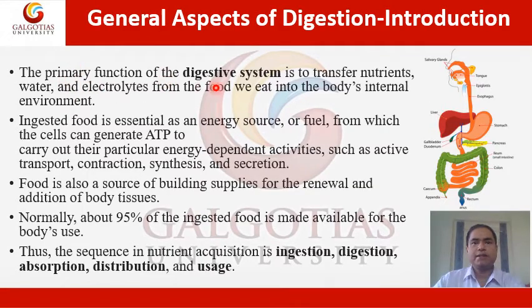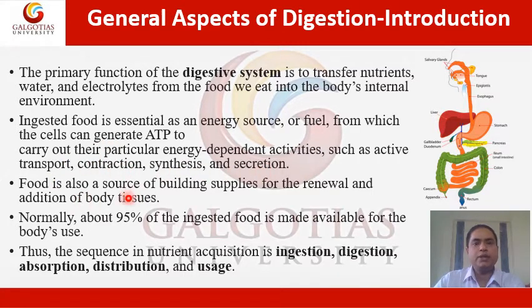The primary function of the digestive system is to transfer nutrients, water and electrolytes from the food we eat into the body's internal environment. So ingested food is essential as an energy source or fuel from which the cells can generate ATP to carry out their particular energy dependent activities such as active transport, contraction, synthesis and secretion.